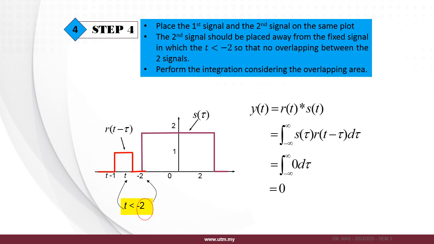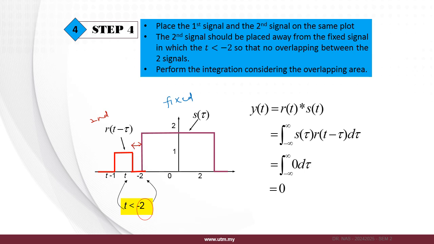This is the fixed signal, and r(t minus tau) is the second signal that we choose to move from left to right. So we place them a bit away from each other to avoid overlapping.